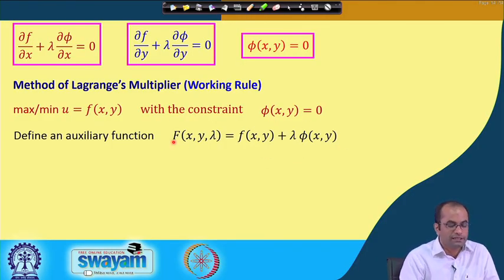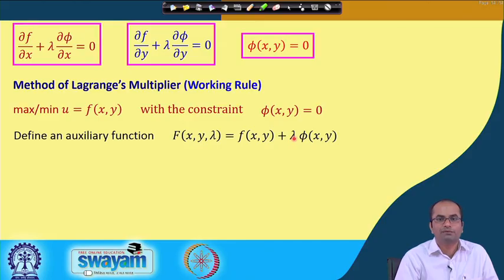In fact, this idea can be extended for when we have many constraints like phi 1, phi 2 and so on. Again we have to introduce lambda 1 phi 1, then plus lambda 2 phi 2, so more lambdas. But we are discussing just one constraint.